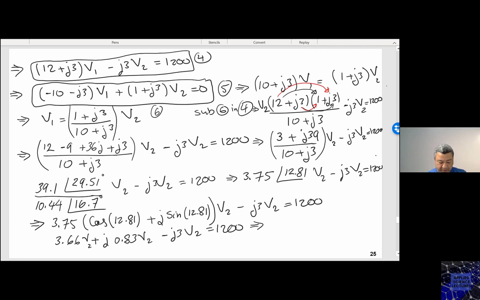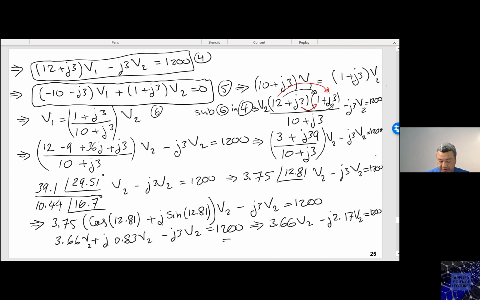Then 3.66 V2, I have a 3 minus j 2.17 V2 equals 1200.